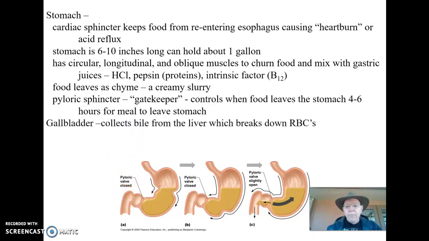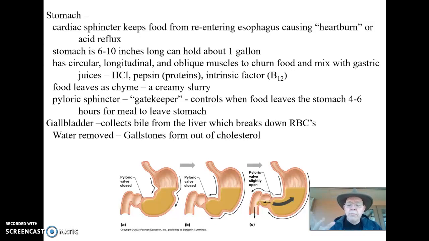The gallbladder, remember, is underneath the liver, and has a little tube coming out, which is the bile duct. It collects bile. We call it bile, but there's a bunch of what we call bile salts, and there's bilirubin and other breakdown products from red blood cells and stuff that have been removed from the blood.